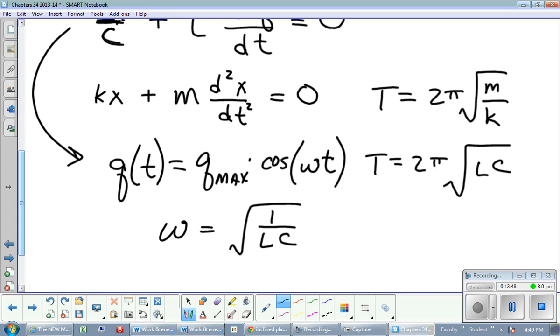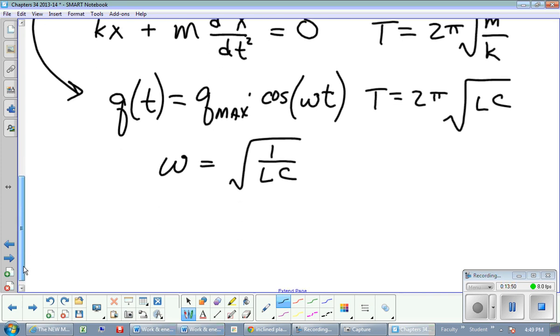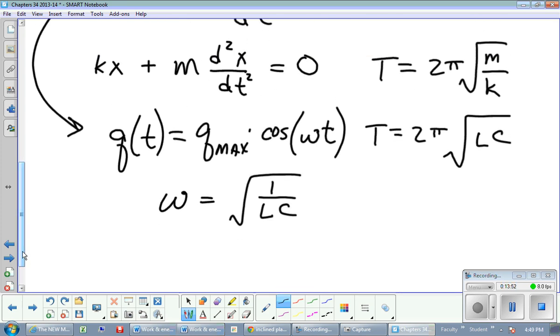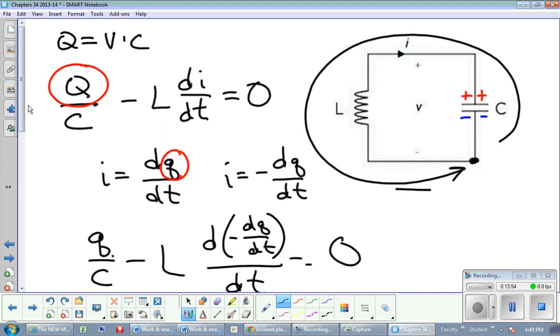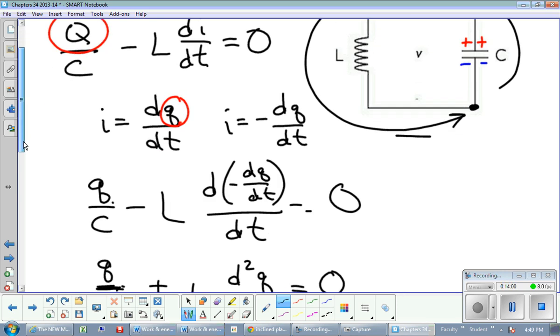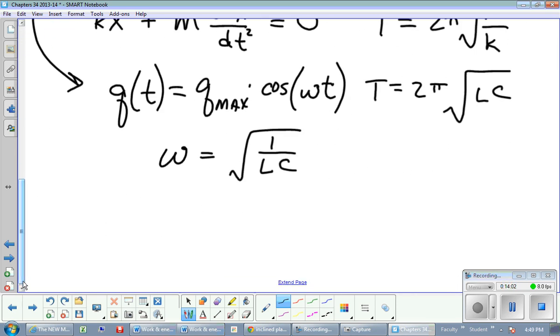So we could stop there. I think I'm just going to do one more thing. We described the amount of charge. Now, just looking back up here, that's how we know how much charge is on the capacitor. If it starts with a maximum charge, that's how we figure it out as a function of time. We could also take the derivative of Q, which is the current. That's also changing with time.